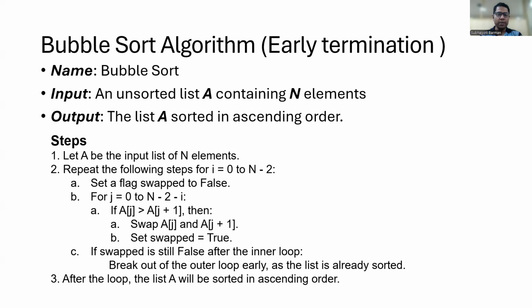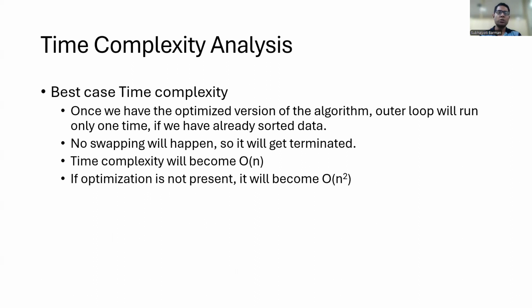If it is false, that means no swapping happened, so we can easily terminate the outer for loop. Eventually it will terminate the entire algorithm. Okay, clear? Now we will discuss the time complexity analysis.